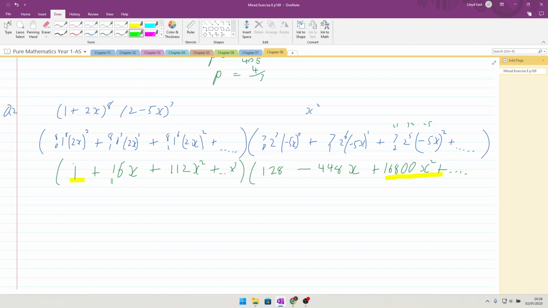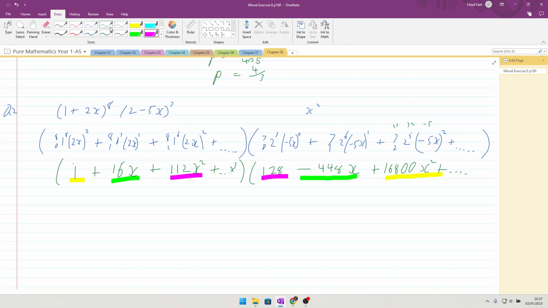I'm then going to do the 16x with the minus 448x, and I am going to be doing the 112x squared times 128. Okay, so that I get all of the x squared terms coming in. Anything else after that will be multiplied by an x cubed, which would give me 128x cubed and whatever the coefficient was here, which is all clearly bigger than x squared in terms of its powers.